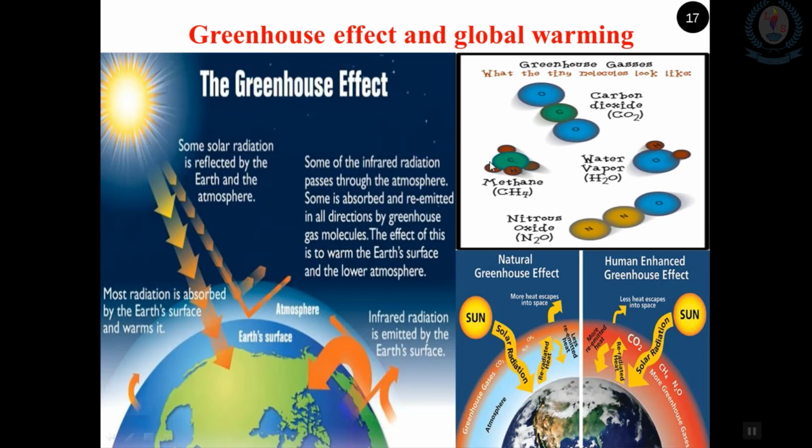So in simple words, according to the diagram, the energy comes in, some gets reflected and some gets absorbed by the earth's surface, and then it's re-emitted back from the earth's surface as IR radiation.